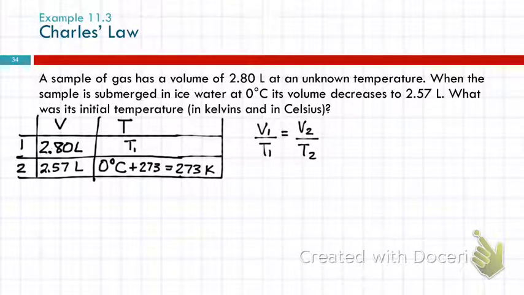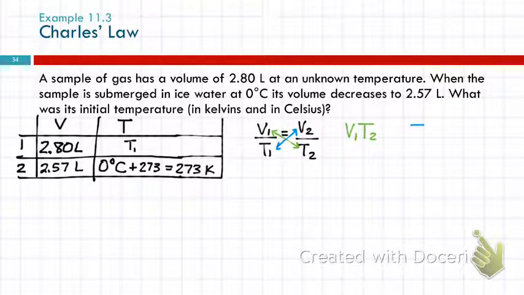And we do that by cross multiplying. So cross multiplication means that I'm going to multiply the top of one side by the bottom of the other. So I'm going to get V1 T2. And then I'm going to multiply the bottom of the first side by the top of the second side.